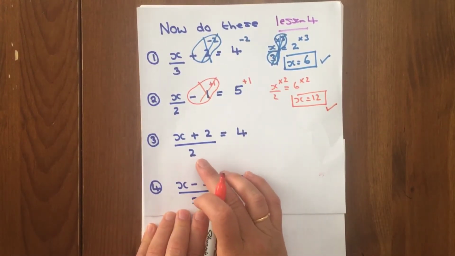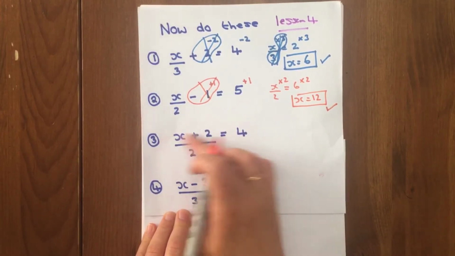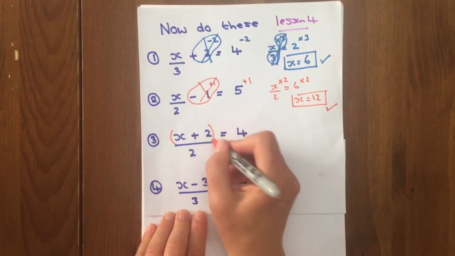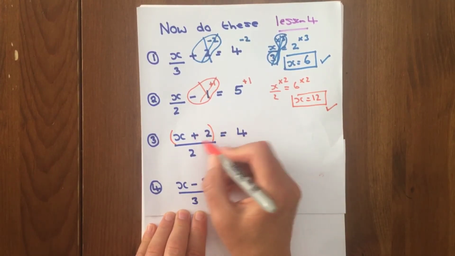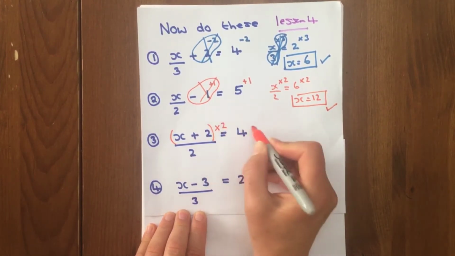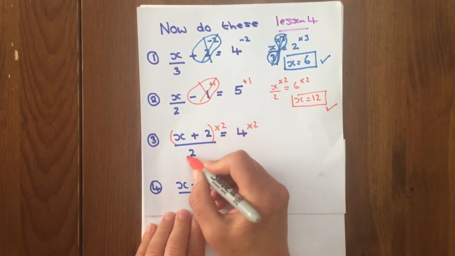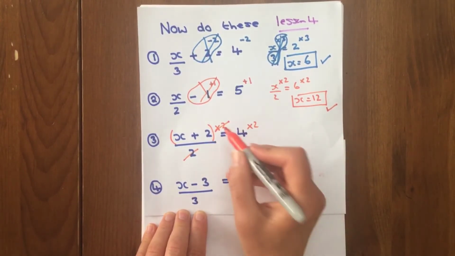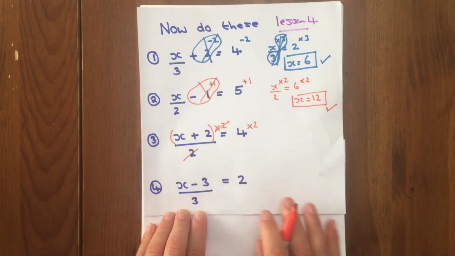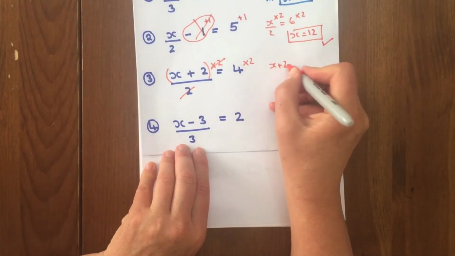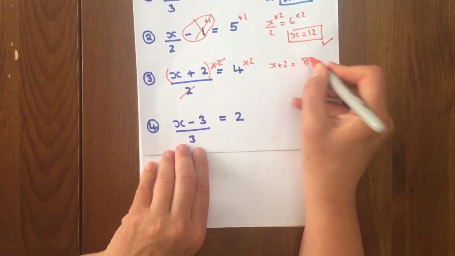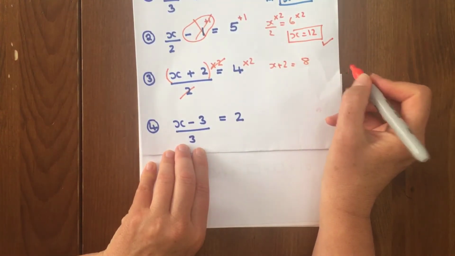Okay, here, because you're dividing the whole lot by 2, I might just put brackets there. The first thing we have to do to both sides is not take away 2, but to times by 2. Because this 2 and this 2 will cancel. Timesing by 2, dividing by 2 will cancel. So I'm left with x plus 2 on the left hand side. 4 times 2 is 8 on the right hand side.